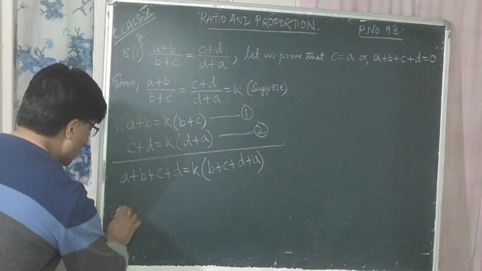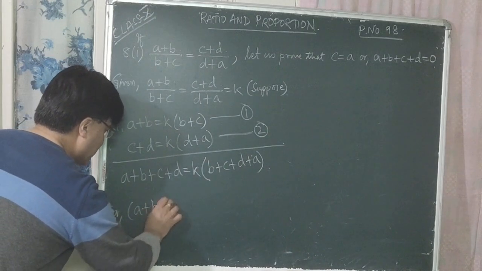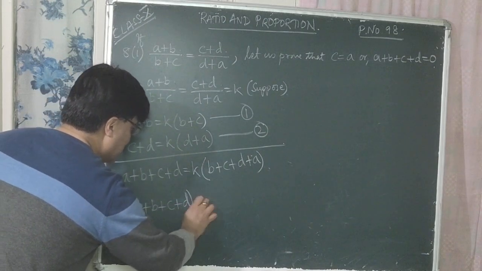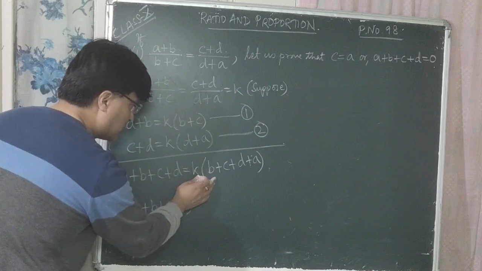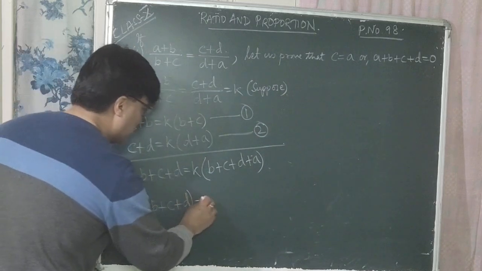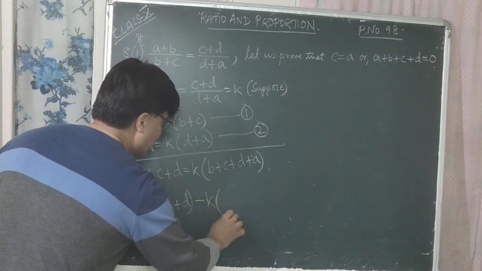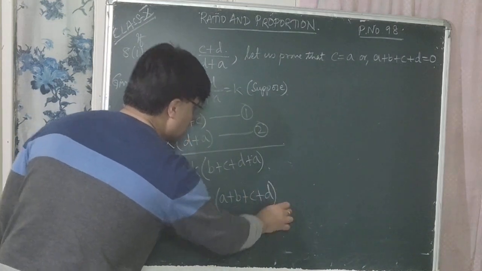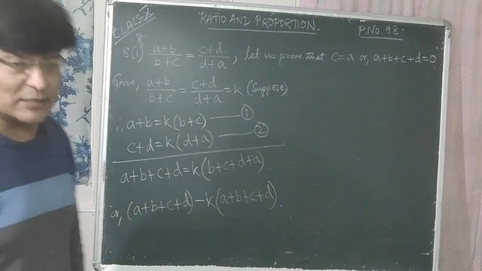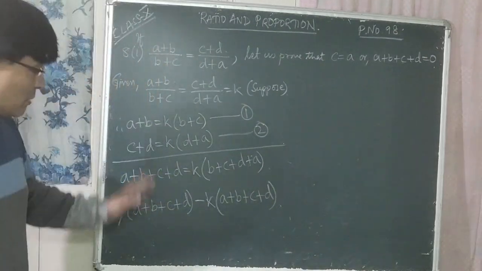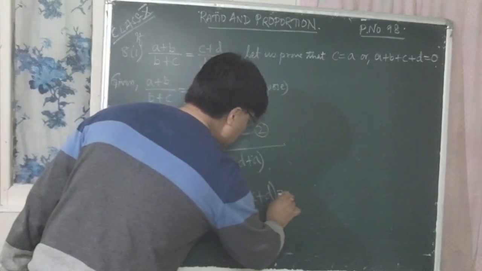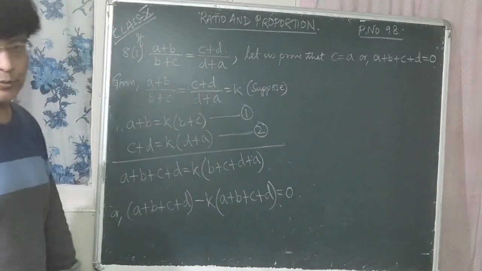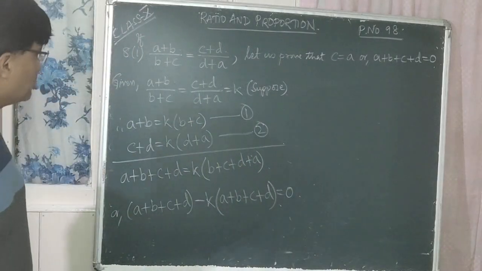So it becomes (a + b + c + d) - k(a + b + c + d), written alphabetically, which is equal to 0. Is it clear now?